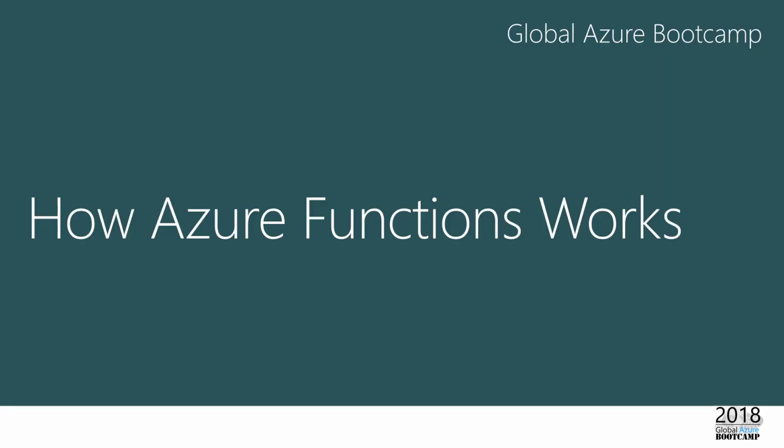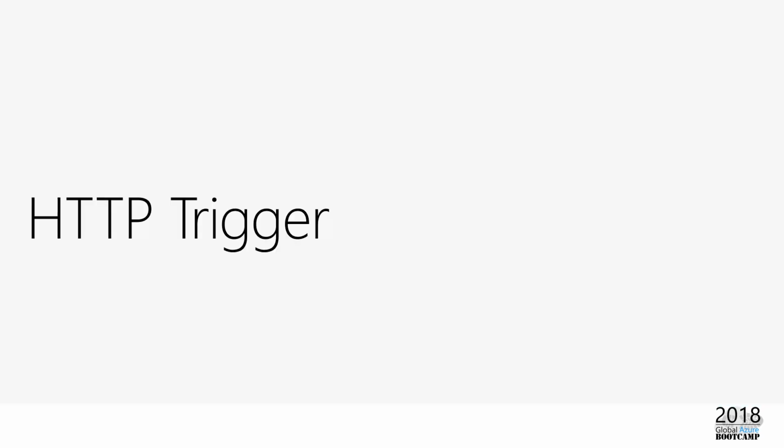So I'm going to start talking about how individual Azure Function triggers work in version 1 and version 2. So the HTTP trigger, which is one of the most popular triggers on the Azure Functions side.